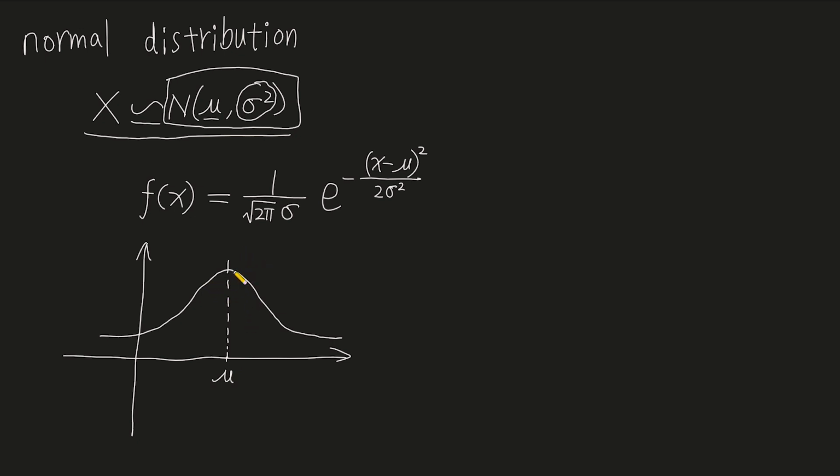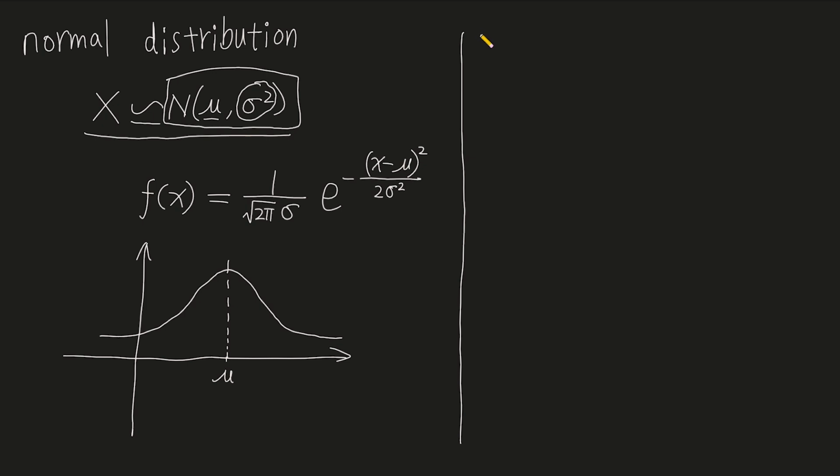And the graph of the probability density function is symmetric about its mean. From the graph, we can also see that the farther the value is from its mean, the more unlikely that the random variable is that value.